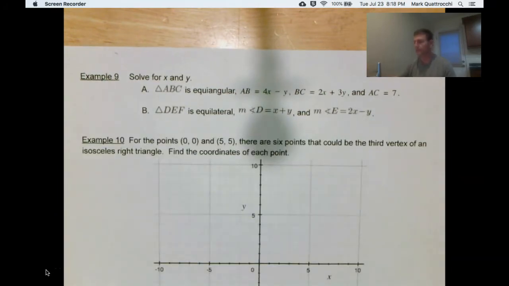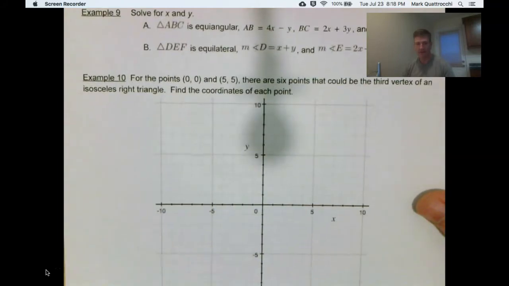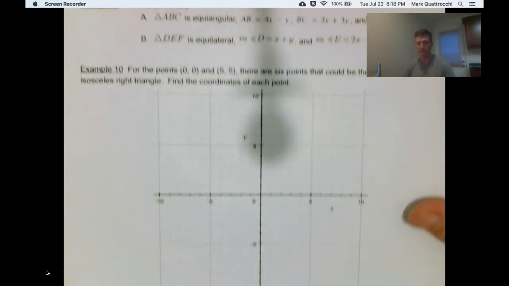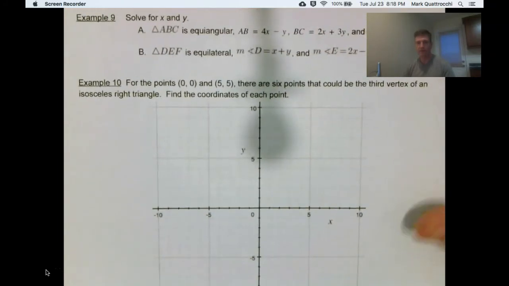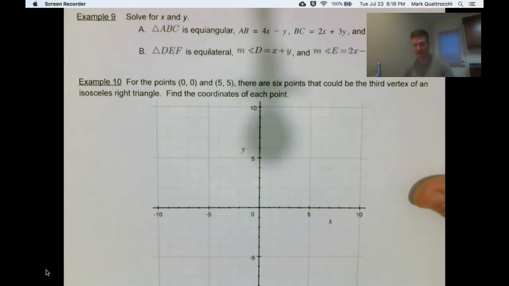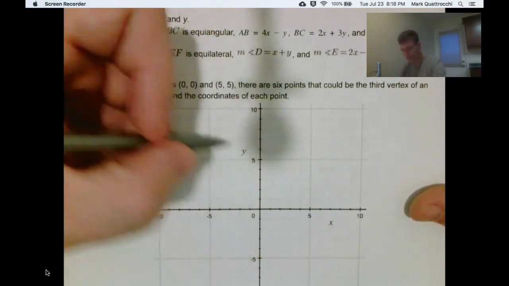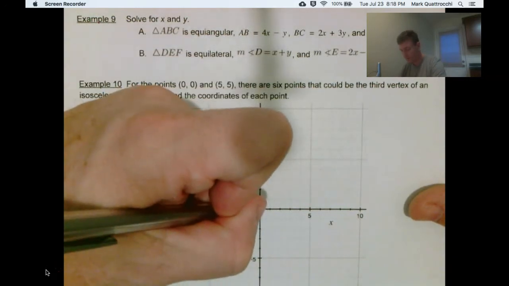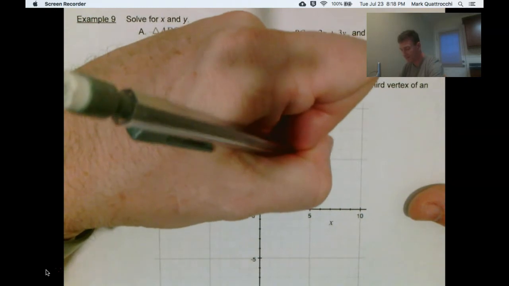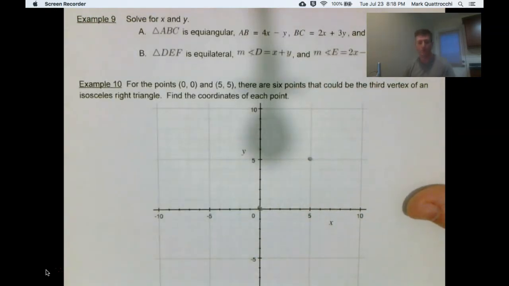All right. Example 10, last example in these notes. For the points 0, 0, and 5, 5, there are 6 points that could be the third vertex of an isosceles right triangle. Find the coordinates of each. So we have 0, 0, 5, 5. So what other coordinates could make an isosceles triangle?